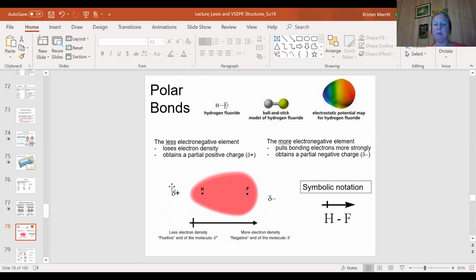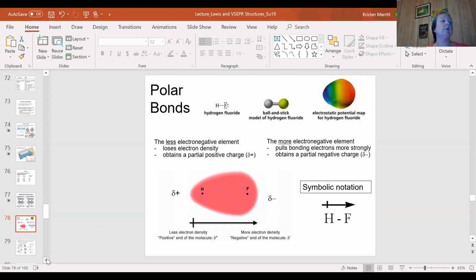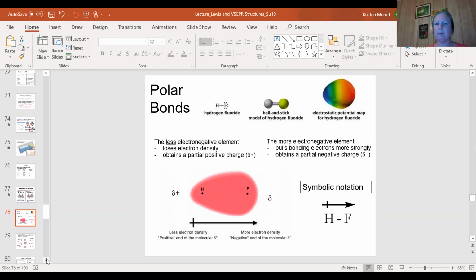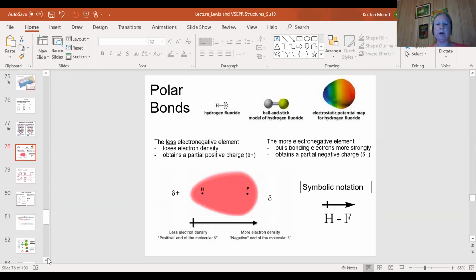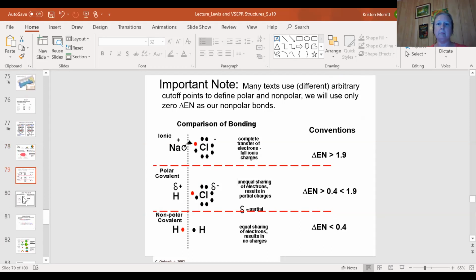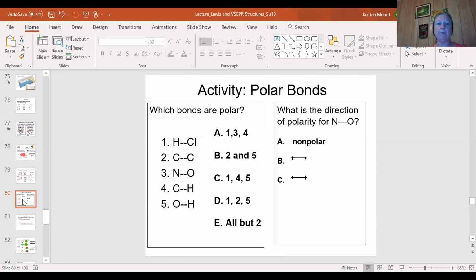And we draw the little delta positive, delta negative. I think that's a delta. Okay. So the core issue of polarity is difference in electronegativity, but shape also has a role.